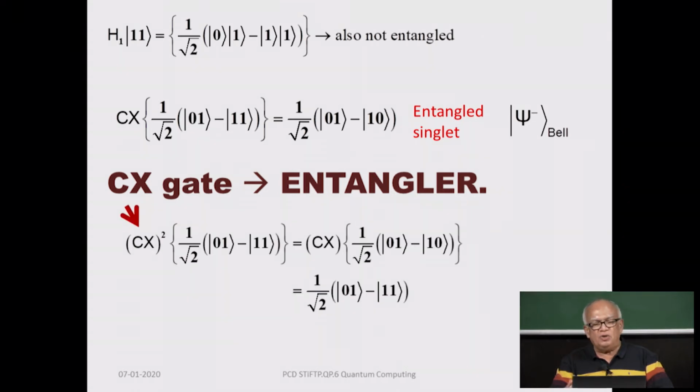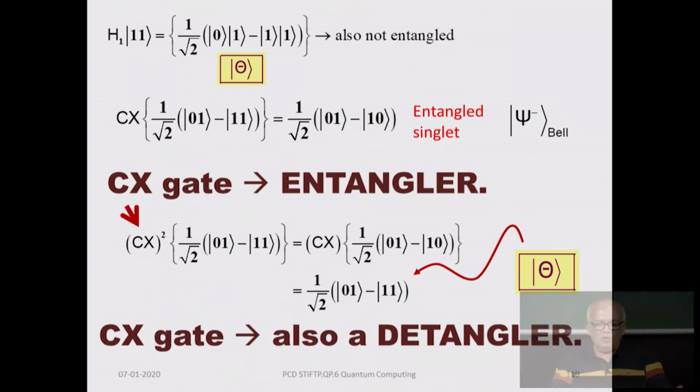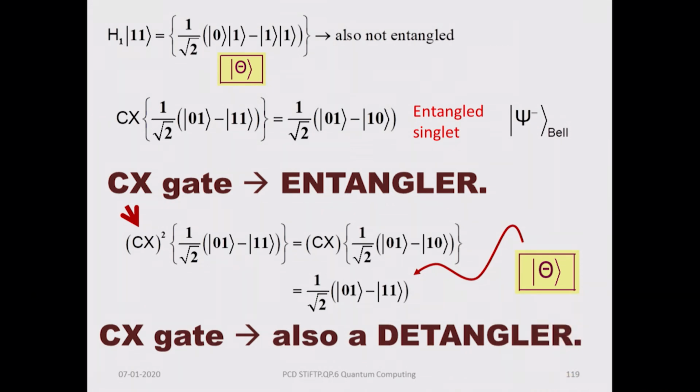So, what you are doing is operating by control NOT squared, right, and you end up getting the unentangled state that you had at the previous step. So, it is also called a detangler. Okay. So, it entangles detangled states and it detangles entangled states. Okay. So, that is what a control NOT gate does.